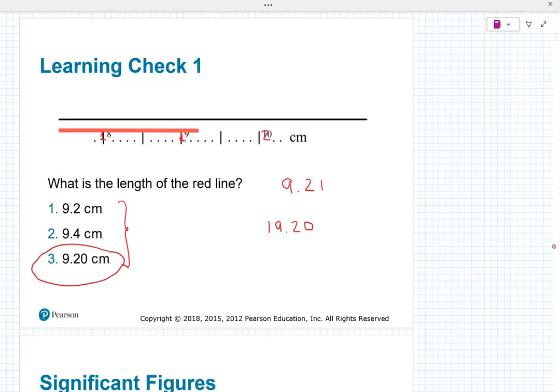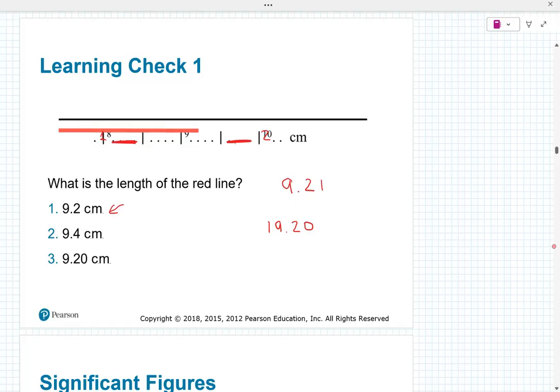So it could be 9.2. Can it be? Okay. No. You're asking me, can it be number 1? Yeah. It can if we use a ruler in which these black dots are non-existent.